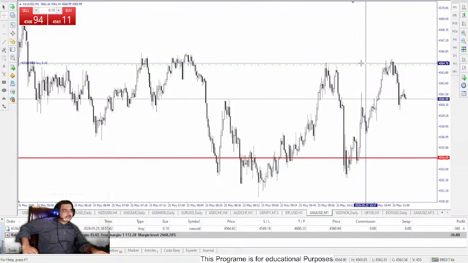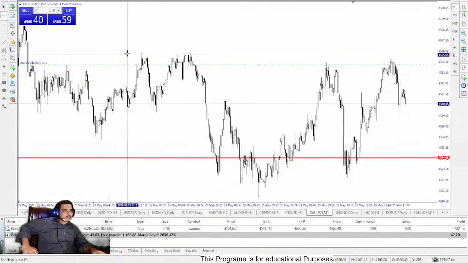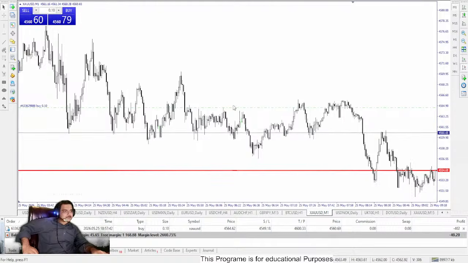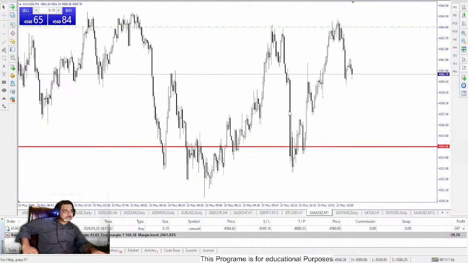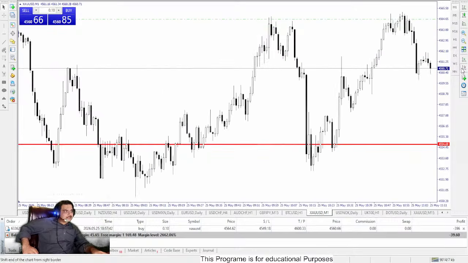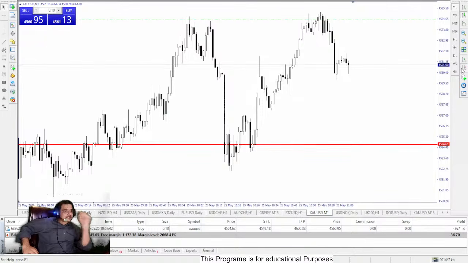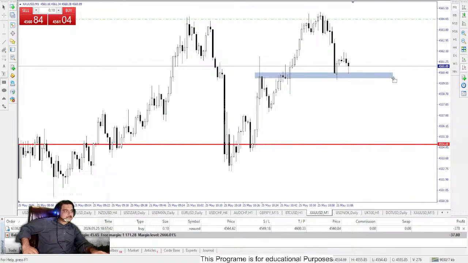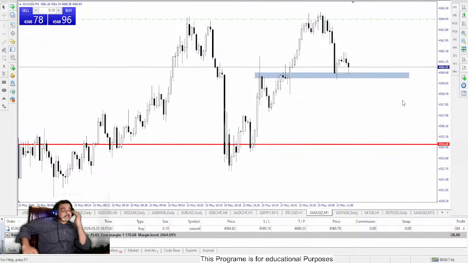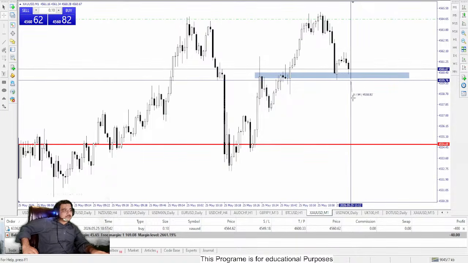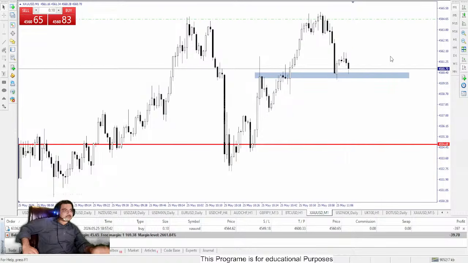On this level, 1 2 3 4 5 tests occur near this level, but the bulls are not willing to buy right here. So let's see if this 4560 holds or not. If it cannot hold, then this will be a sell till here, 51 pips, and a stop of 26 pips.